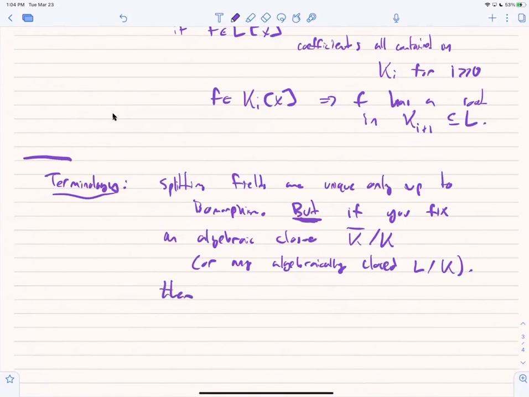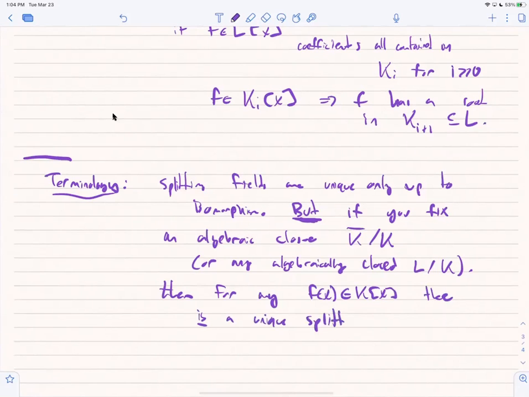Then for any f(x) with coefficients in K[x], there is a unique splitting field of f in K bar.